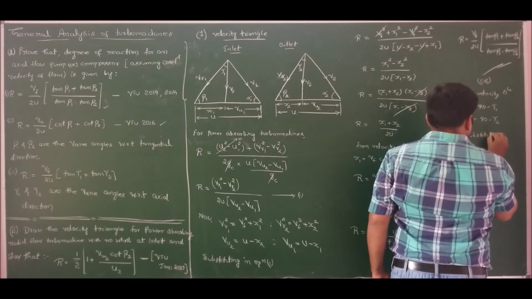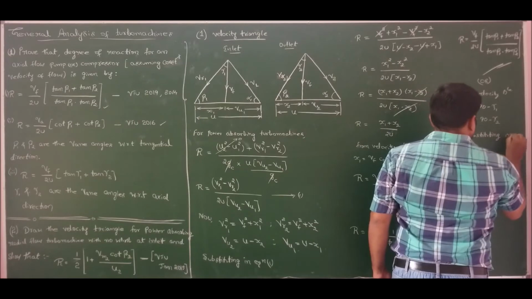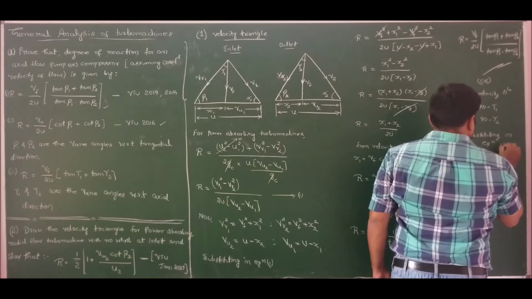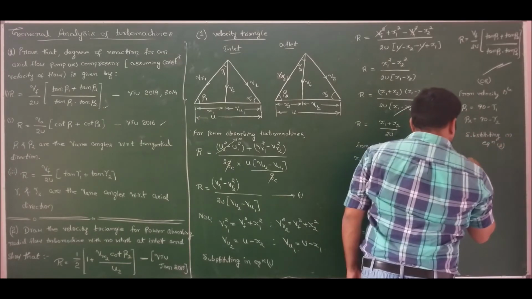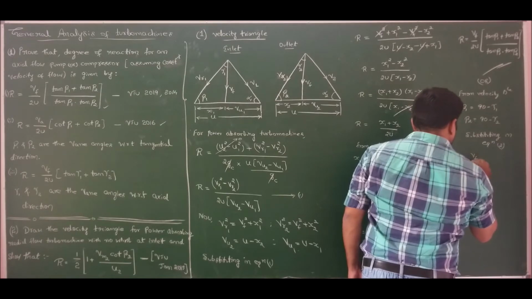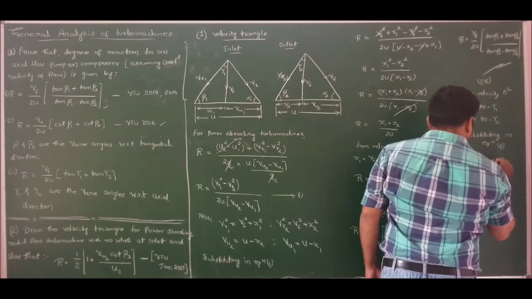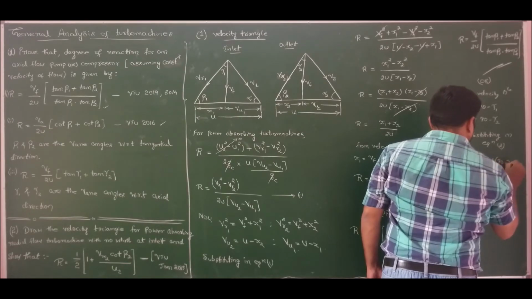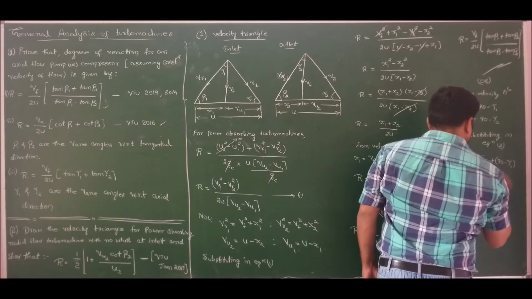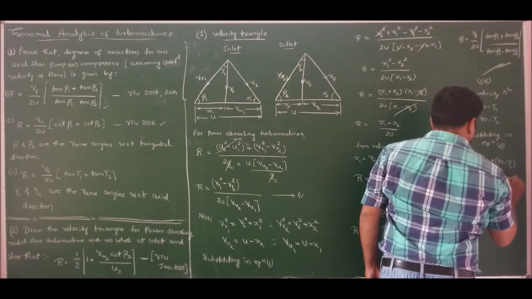Substituting in equation 2, I can write R is equal to Vf by 2u times cot of (90 minus gamma 1) plus cot of (90 minus gamma 2).